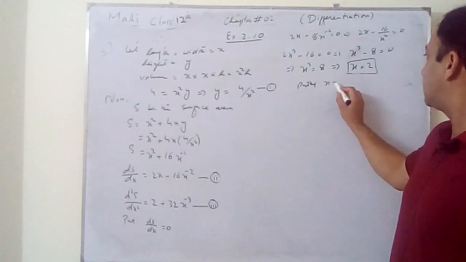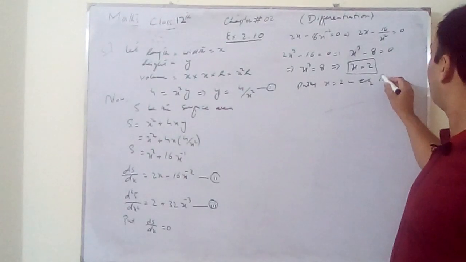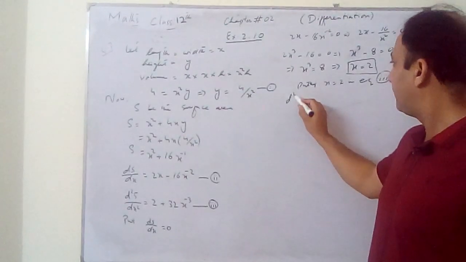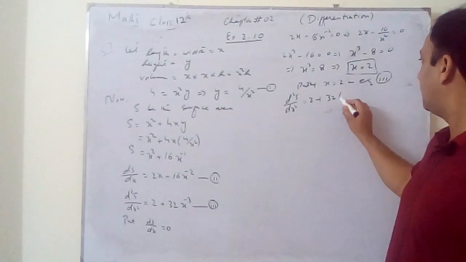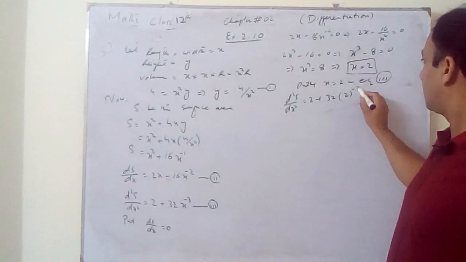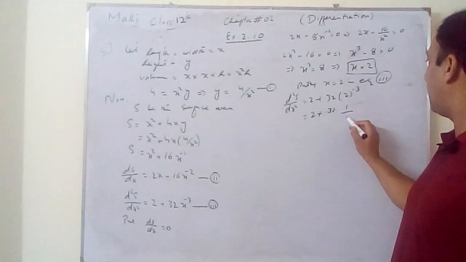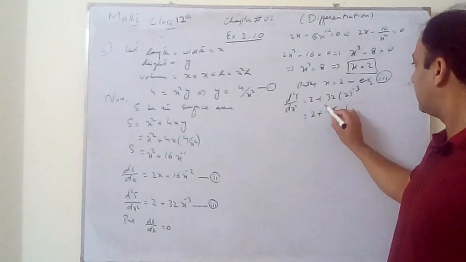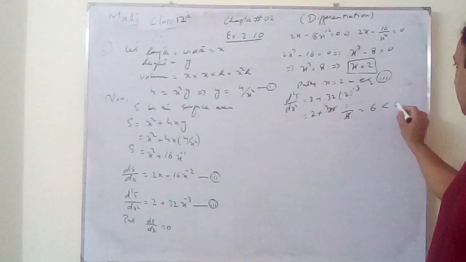Putting x is equal to 2 in equation number 3, 2 plus 32 into 1 over 8, so that is 6, which is greater than 0.